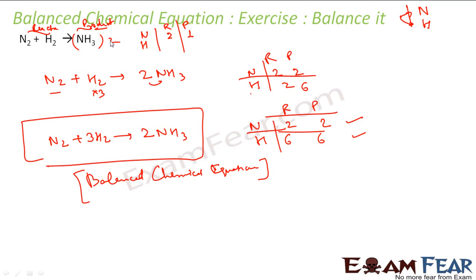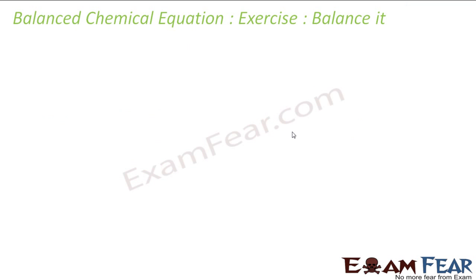So I multiplied into 2 the product side, because product side only 1. I got this equation. Then again check here, nitrogen was balanced but hydrogen was not balanced. Here the reactant side had only 2 nitrogens, 2 hydrogens. So we multiplied this guy with 3. Then we check, yes, everything is balanced. Thus I got a balanced chemical reaction.